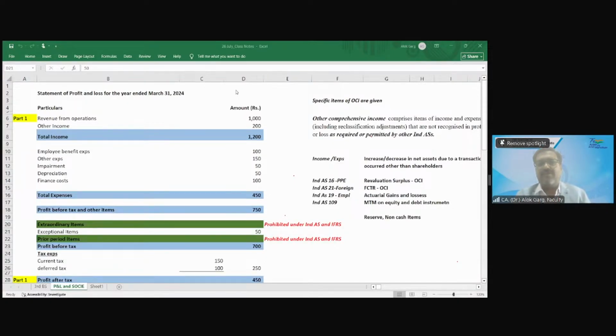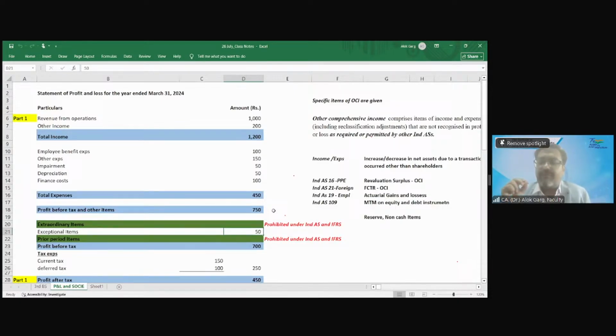So the prior period item, if it is immaterial. My question is different. My question is, in your accounting standard P&L, this prior period line item was a separate line item on the face of the P&L. So whether this line item is required in Ind AS and IFRS also? No, sir, it's not required. It is not required. In accounting standard, what was the treatment?